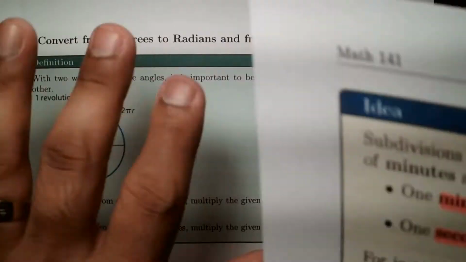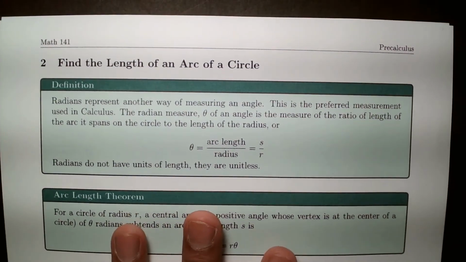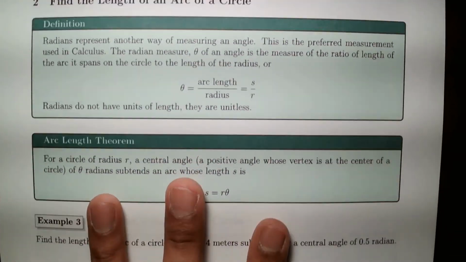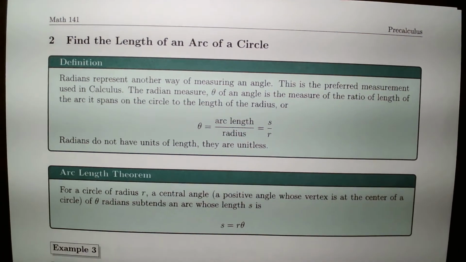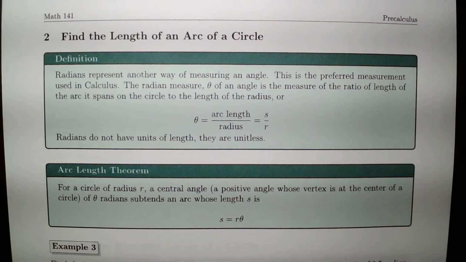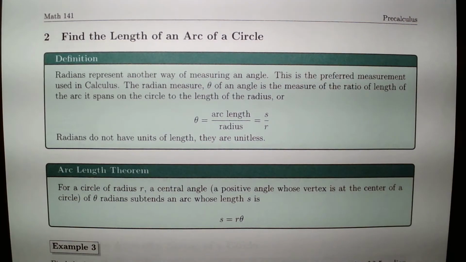Well, at this point we already learned how to work with different ways to express angles, degrees, minutes, and seconds, or simply decimals, and that's going to depend on the application that you use these systems. All right, finding the length of an arc of a circle.